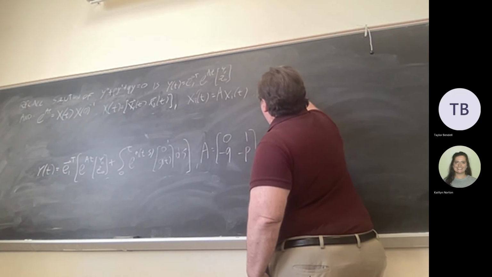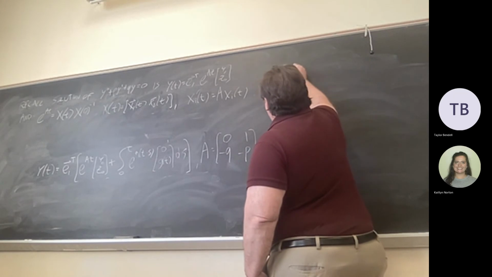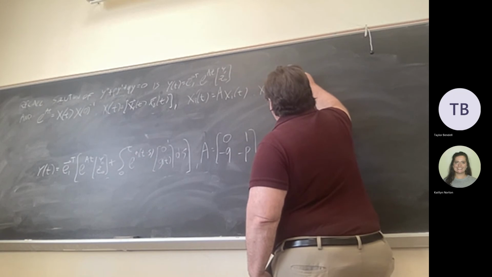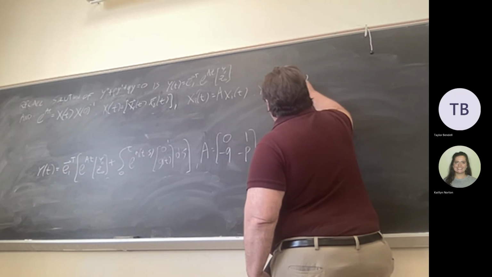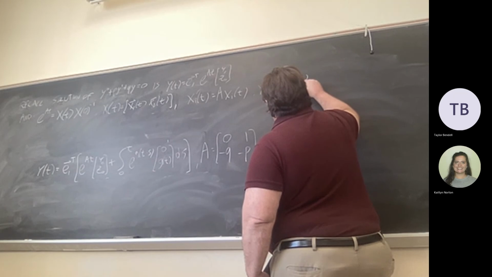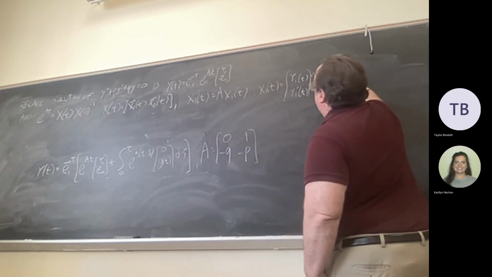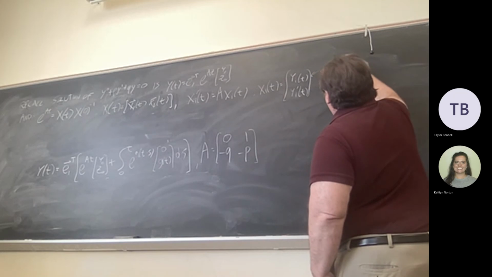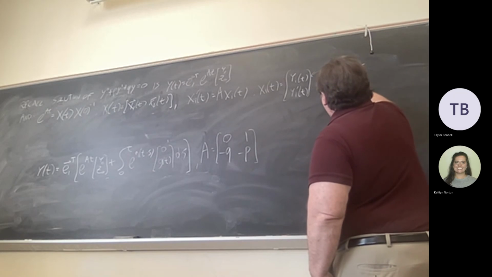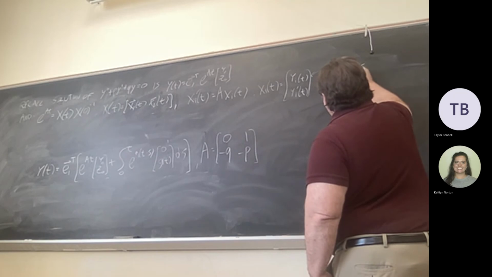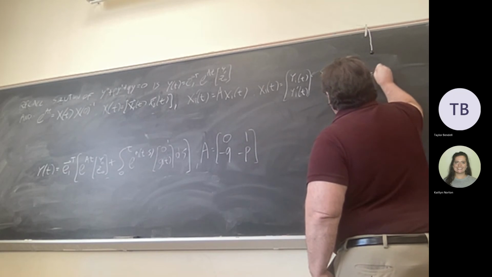Because xi of t has as components, I'll call them yi of t, yi prime of t. And this is a solution of the original second order ODE.